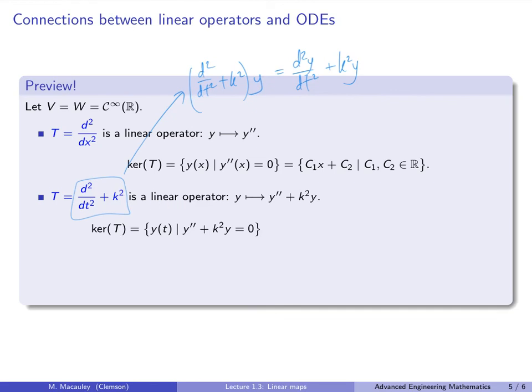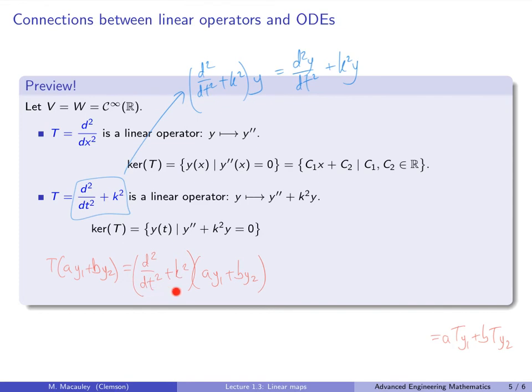Let's see why it's linear. What does it mean to be linear? It's linear if T of a y1 plus b y2 is a times T y1 plus b times T y2. So why does that happen? Let's check. What is T applied to this? That is d squared over dt squared plus k squared applied to a y1 plus b y2.